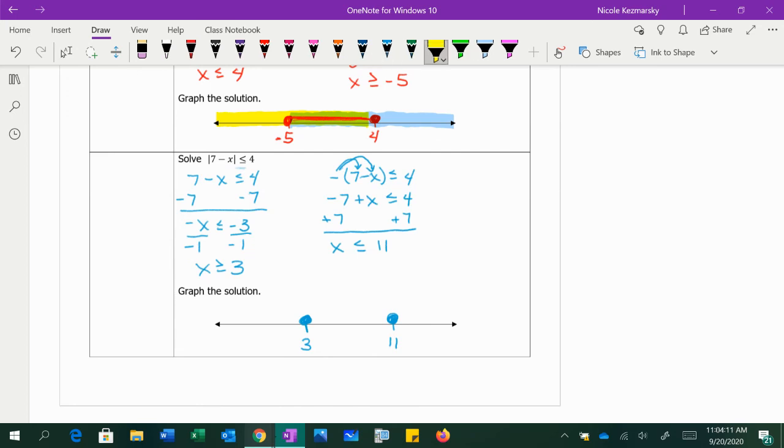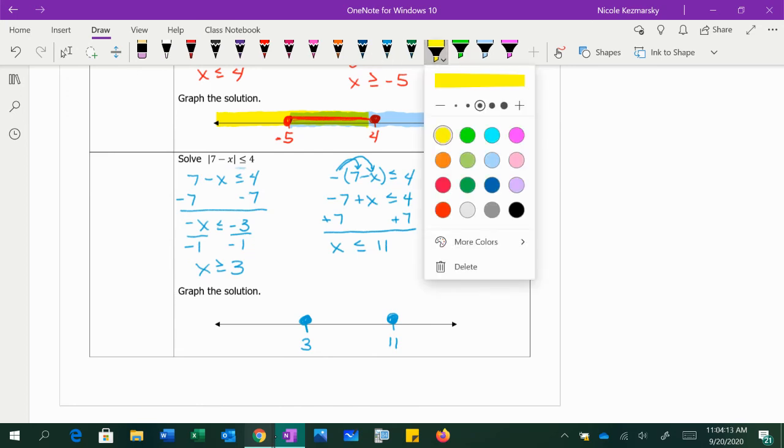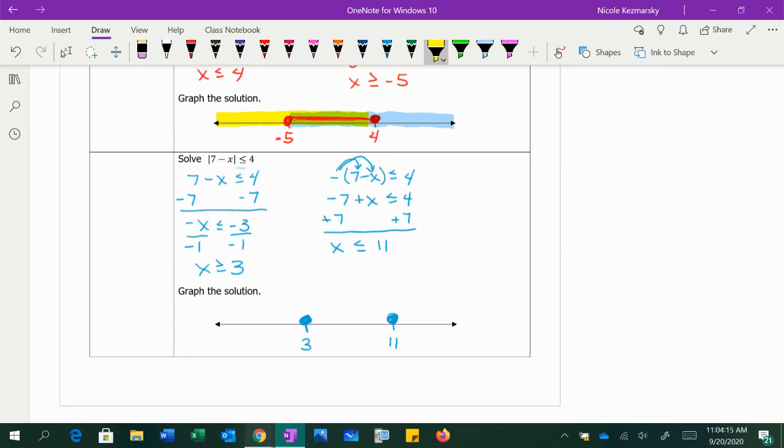But just to double check, let's go ahead and say for the 3, x is greater than 3. So I'll shade to the right. For the 11, x is less than 11. So I'll shade to the left. And I've got some overlap in between, just as we suspected.